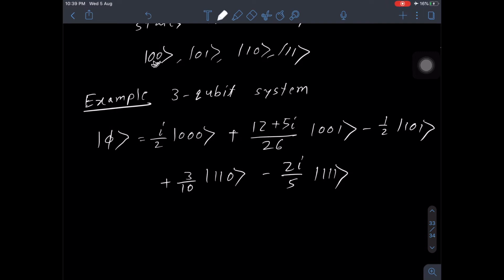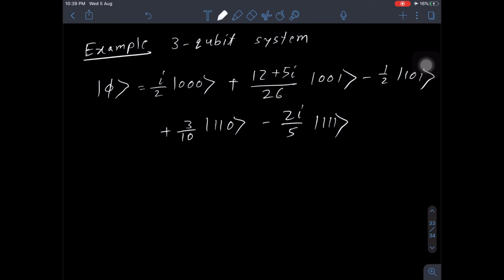Now let's say that I perform a measurement on the first qubit.